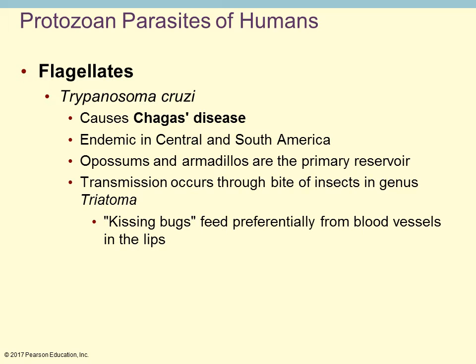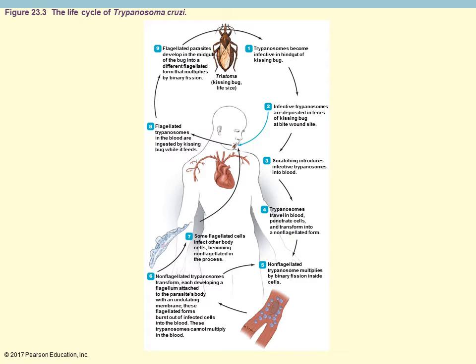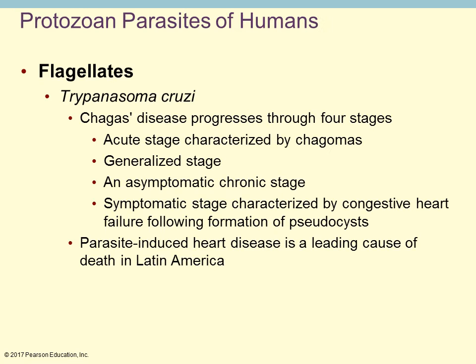Transmission is because of an insect that transmits from the primary reservoir to the human, typically referred to as the kissing bug, where the bug becomes infected with the parasites and then it bites the human. If the human is infected, then it can also transmit to the kissing bug, which then transmits to someone else.